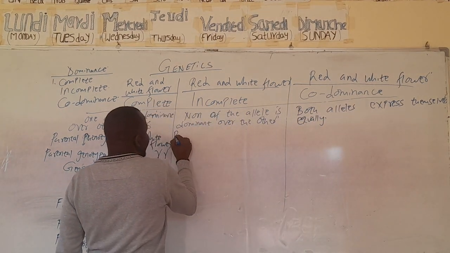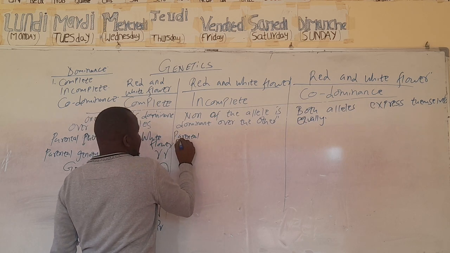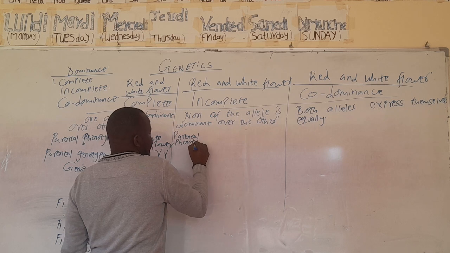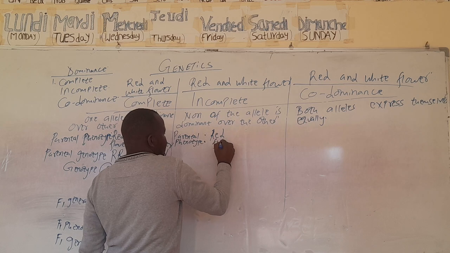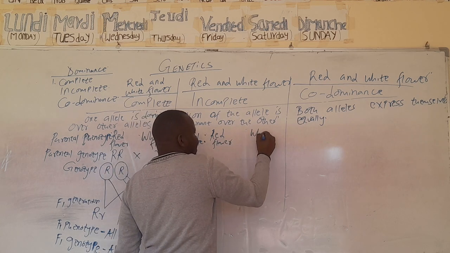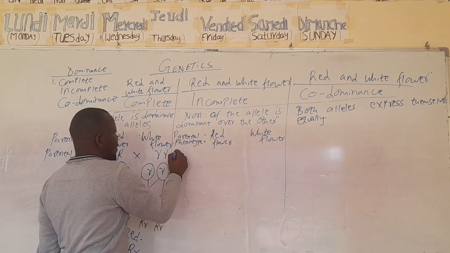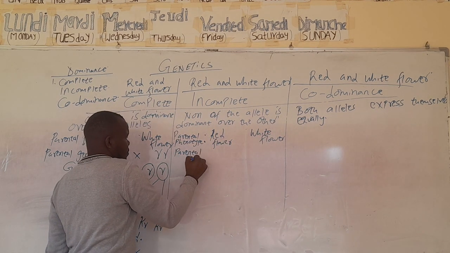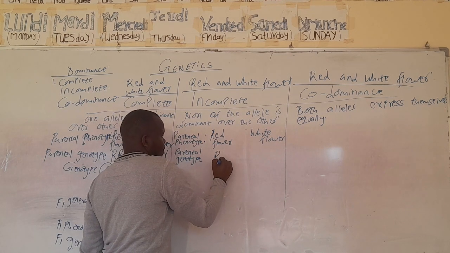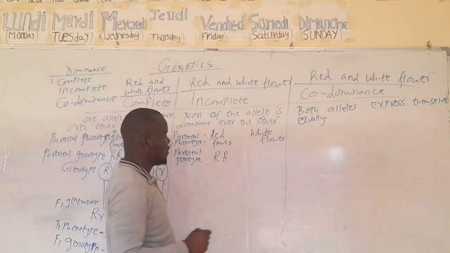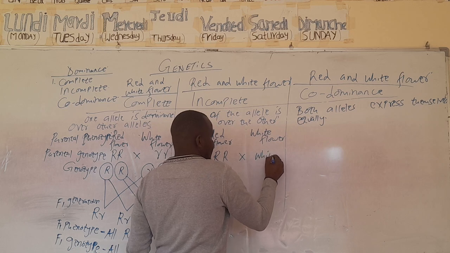We do the parental phenotype again: a red flower and a white flower. Then the parental genotype: capital R to represent the red flower, and a small r for the white flower.